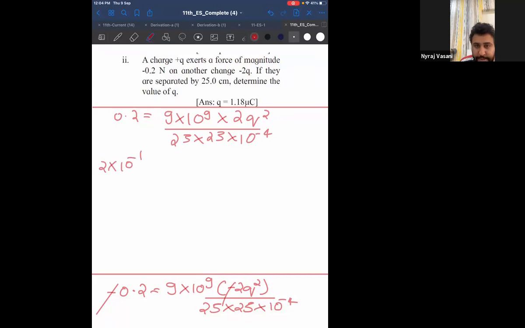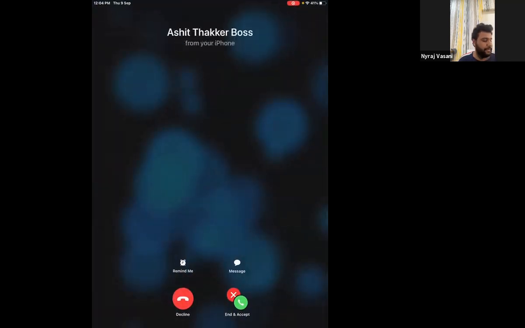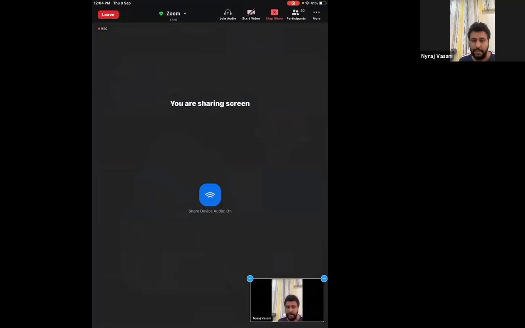Can I write it like this? 0.2 as 2 into 10 power minus 1 equal to 9 into 10 power 9 into 2Q square divided by 625.